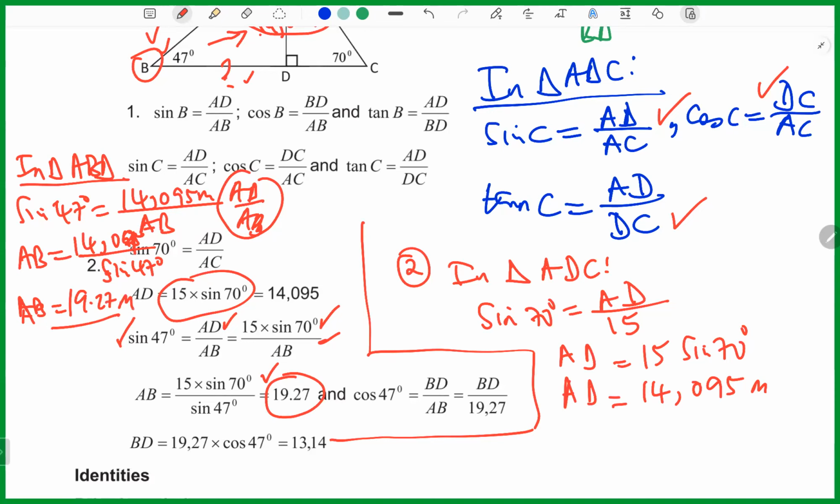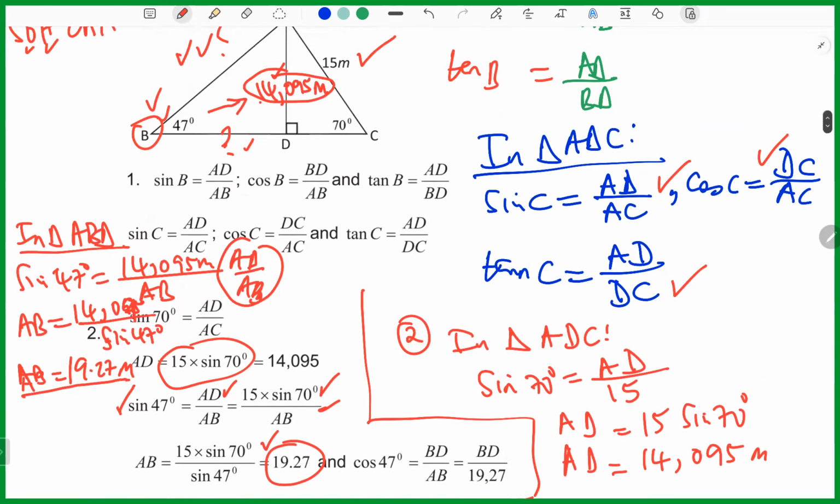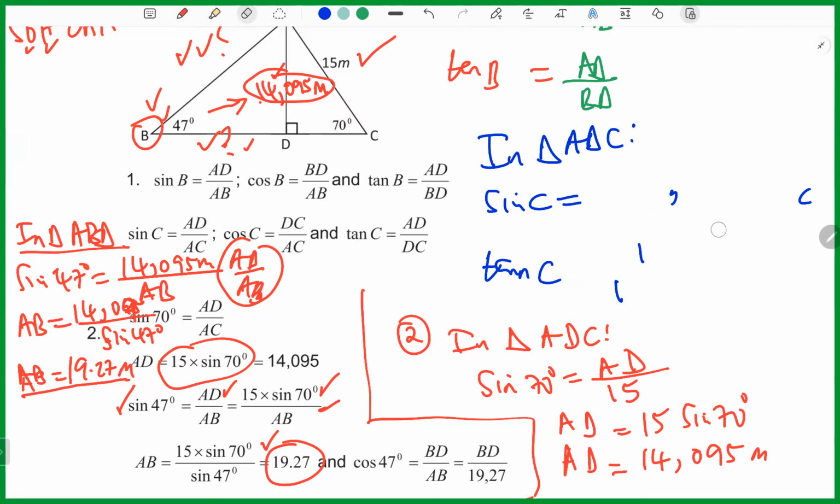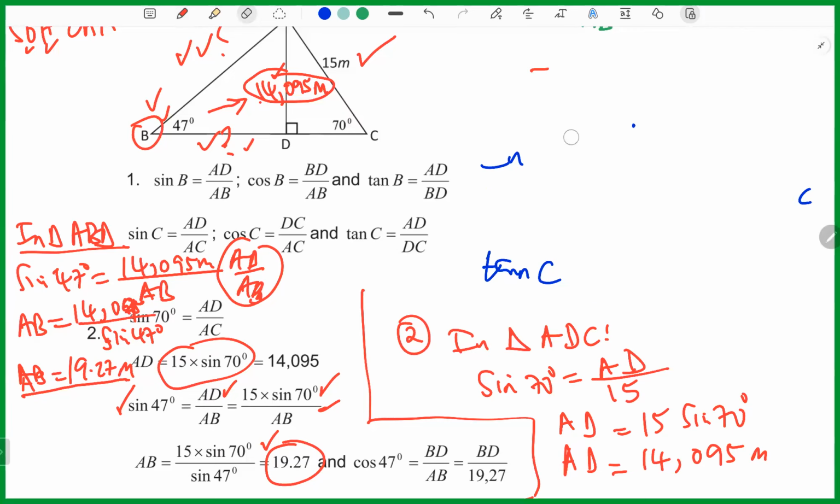Now, the next thing we're going to do is to continue and find another side. What other side is there? We also need this side BD. So to find the length of BD, we proceed as follows.